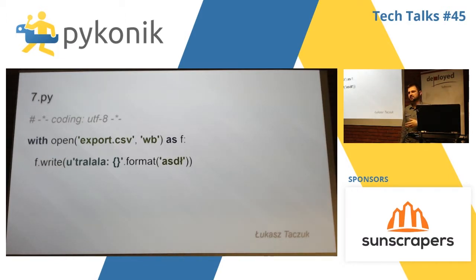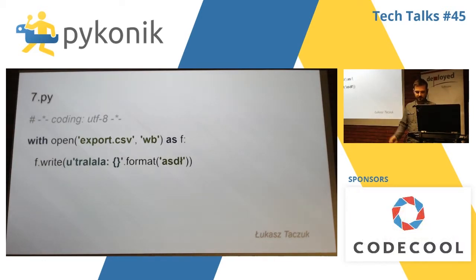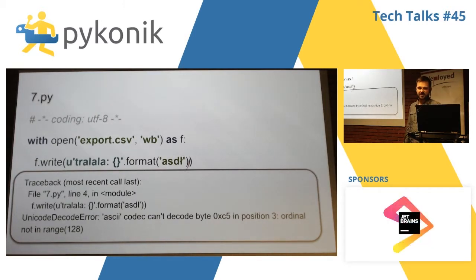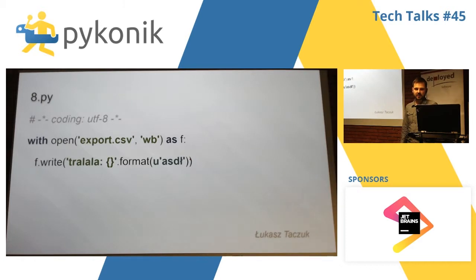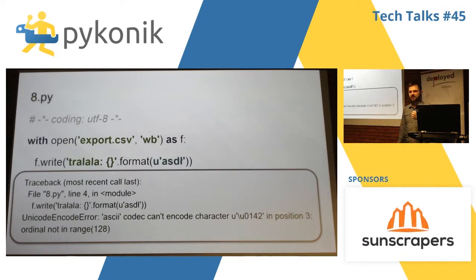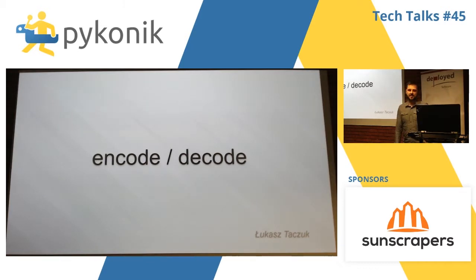We have a byte string to the right and a Unicode object to the left. You're good. Decode error, again, on the third position, which means the error was here and here. Those who said encode error were right because, in Python 2, the errors that we got were exactly the same, both using the binary file and the text file. In Python 3, this may or may not be the same.